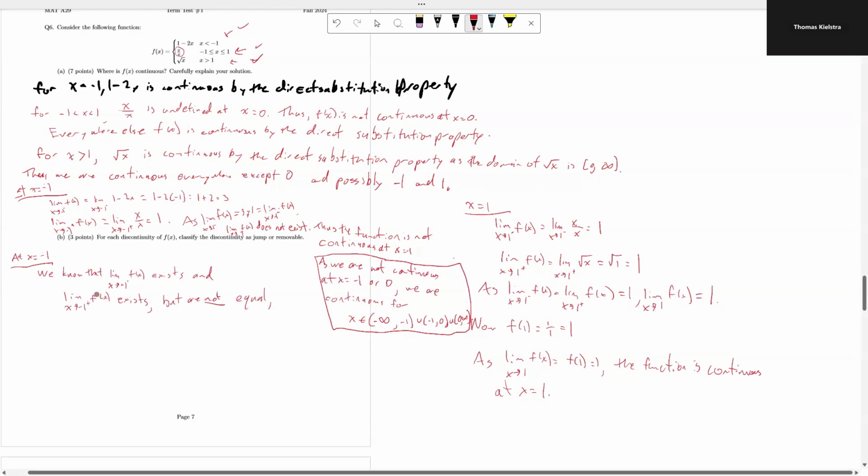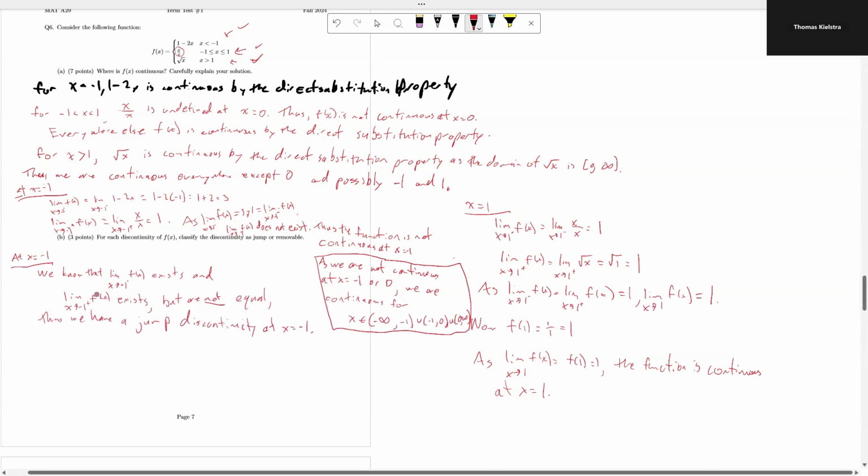Thus, we have a jump discontinuity at x equals minus 1.